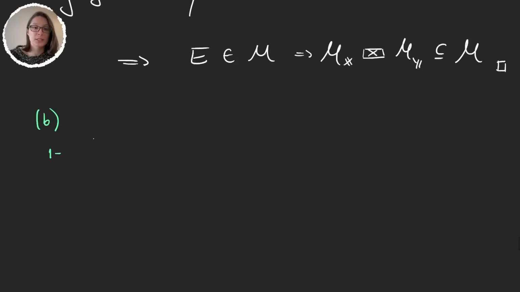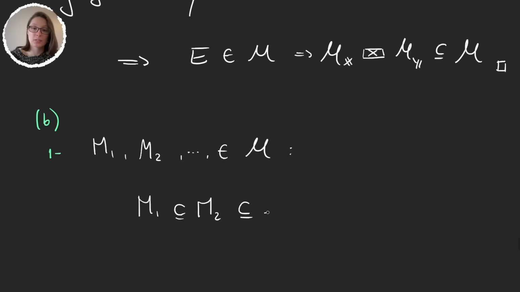So we're going to take M1, M2, and so on, all elements in the set M, such that M1 is the smallest, so it's contained in M2 and so on. And what we want to show is that the union of all these elements is also in M.